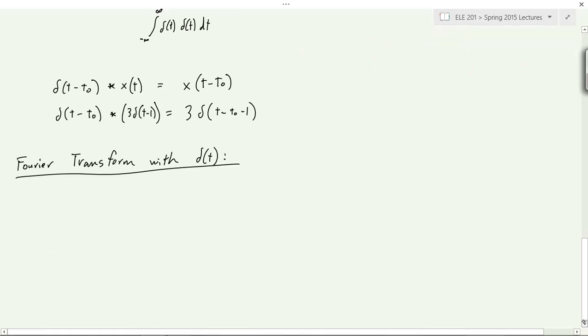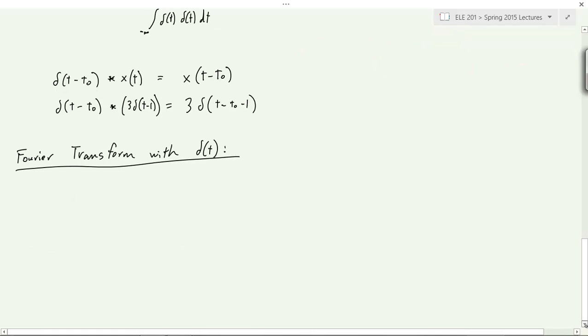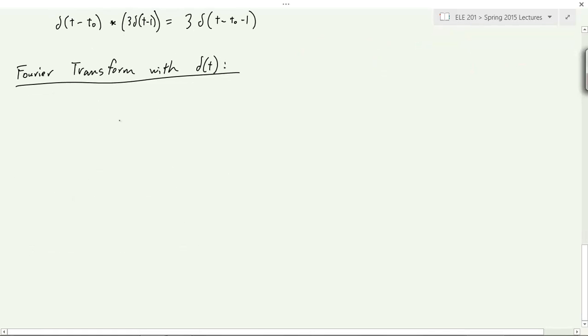And here's where it starts getting very useful. So what if we take just a simple shifted delta function, t minus t naught, okay, and take its Fourier transform? How do we do this? Well, we could plug in the integral for the Fourier transform.